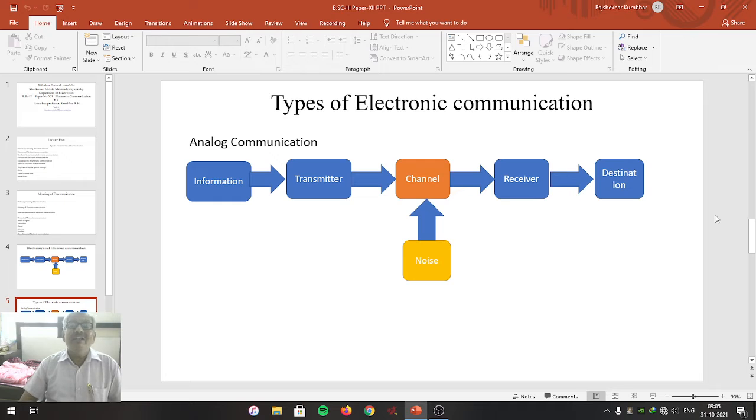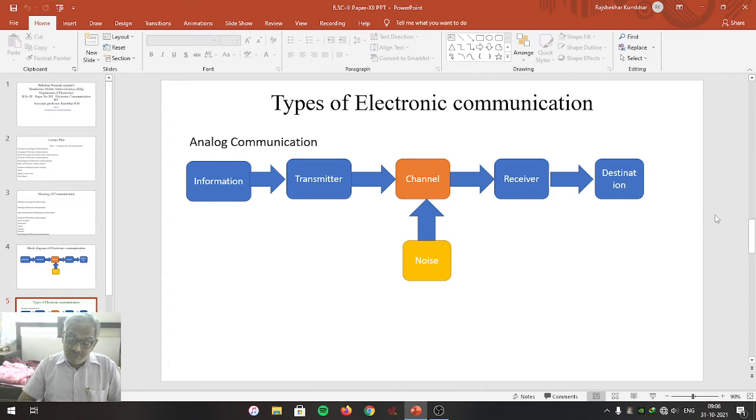And if the electronic communication system carries the information in the form of discrete aspect, in the form of a group of bits, in the form of a combination of 1 and 0 up to the destination, then that type of electronic communication system we can call a digital communication system.